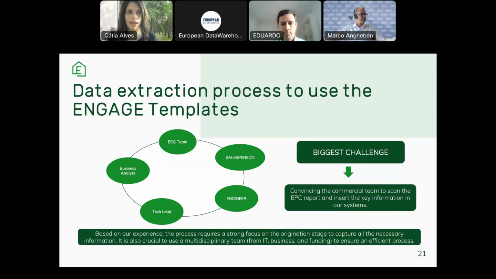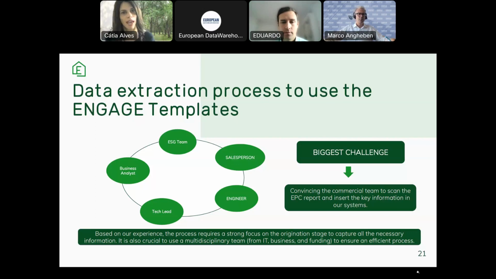So in this slide, what we want to present is that it's teamwork between the ESG team, structured finance team, risk team, commercial team, and of course the IT team, which is very important, and the data team. The biggest challenge in the end is to convince principally commercial people to obtain the information in the origination process.